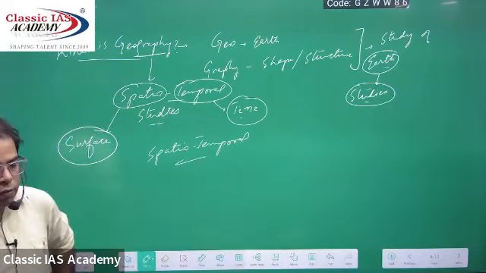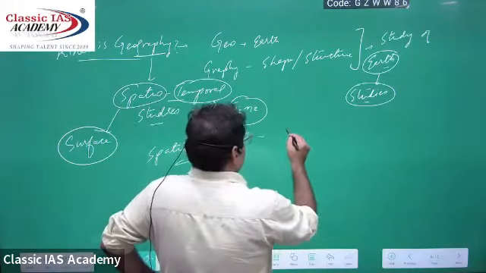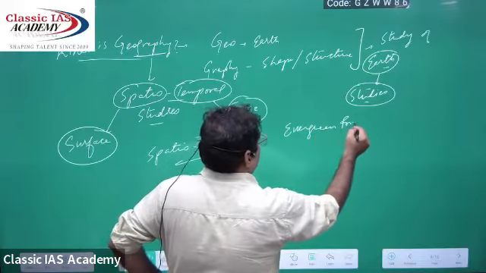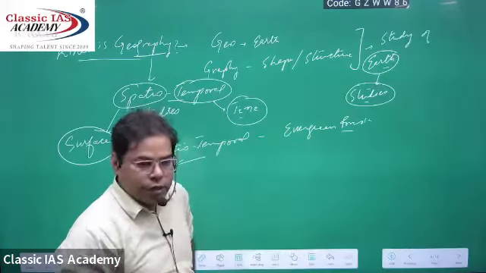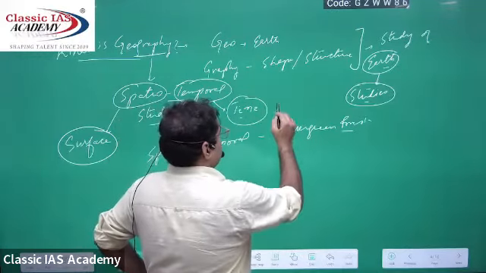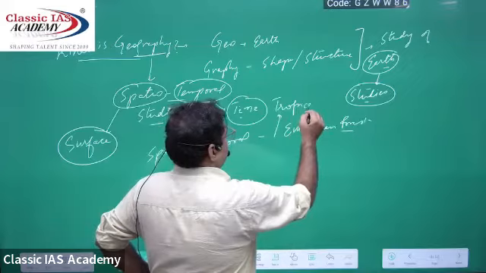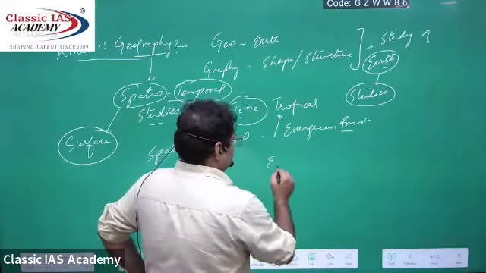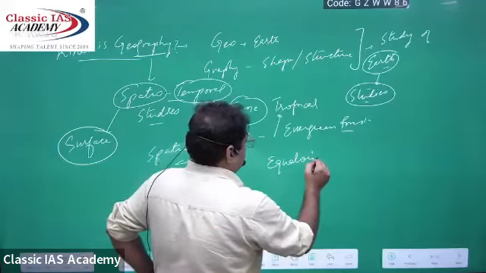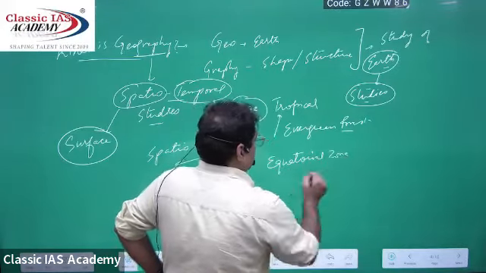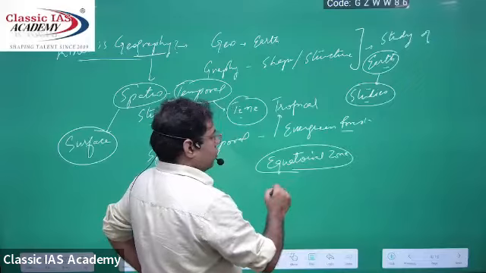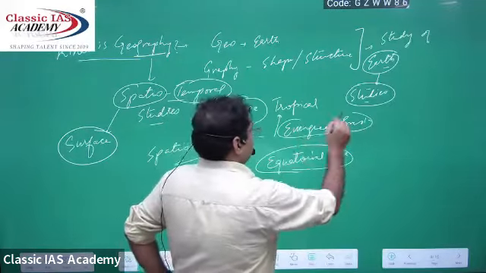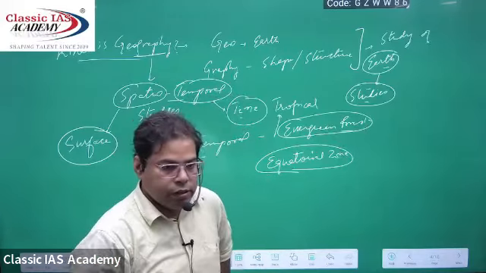For example, in India we take evergreen forest. The Indian evergreen forest is called tropical evergreen. Evergreen forest is also present in the equatorial zone, but it is different from the forest found in India. Getting it?